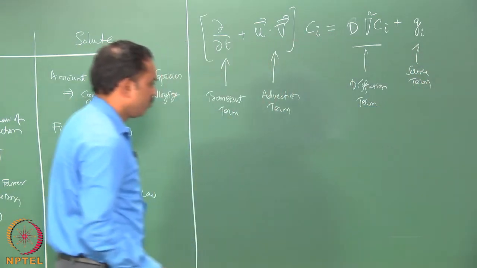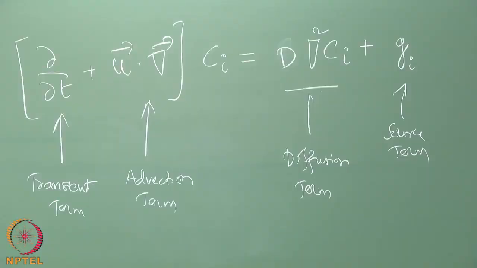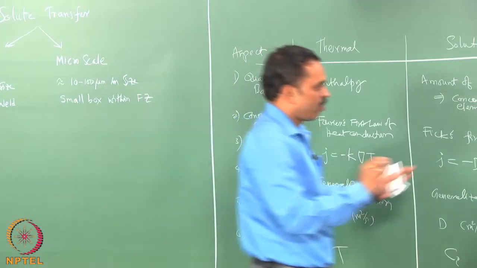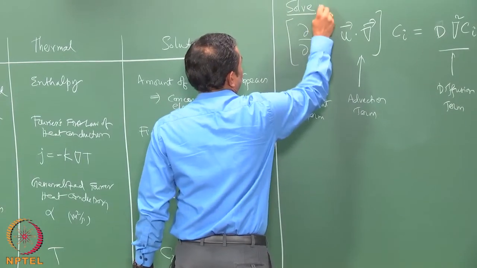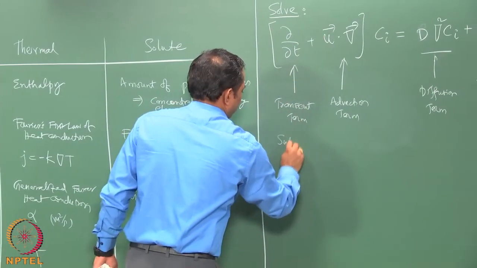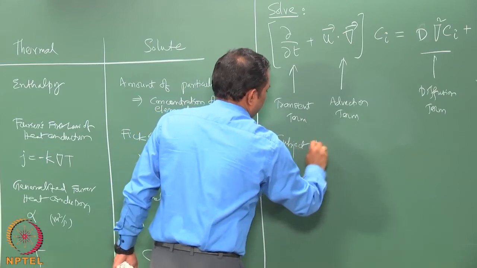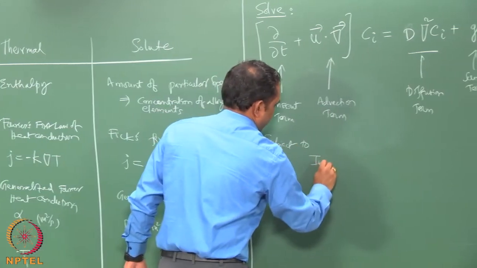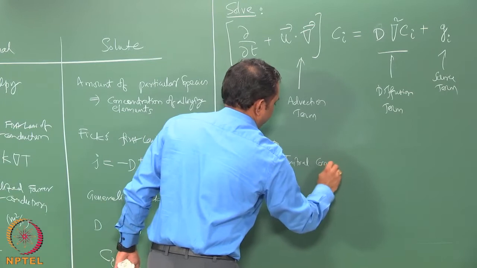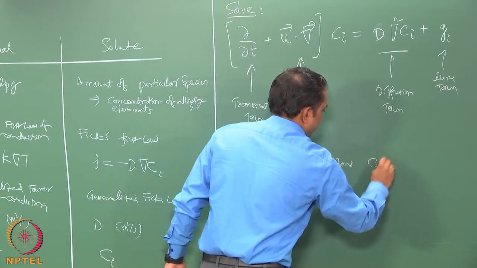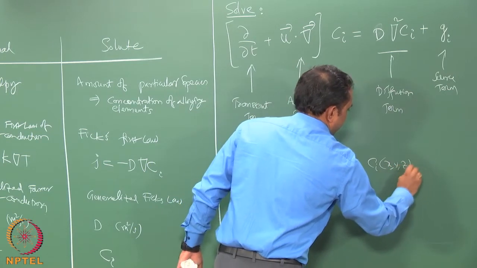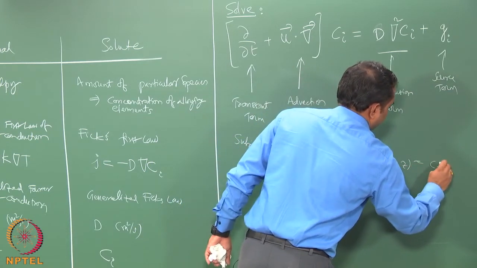Okay. So, if you want to solve for the solute transfer at the macro scale, then what is the problem? The problem statement is as follows: solve this equation subject to the initial conditions, which is nothing but Ci at x y z is known.